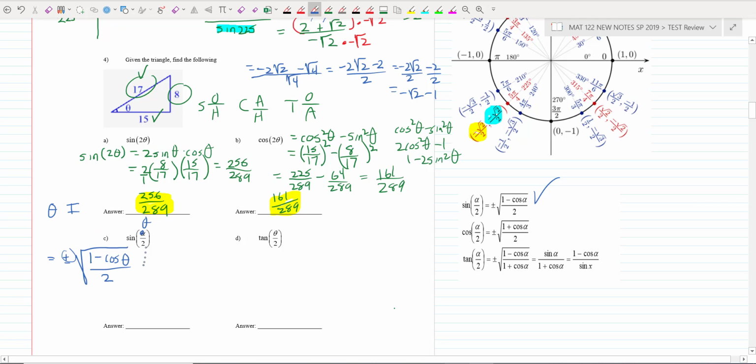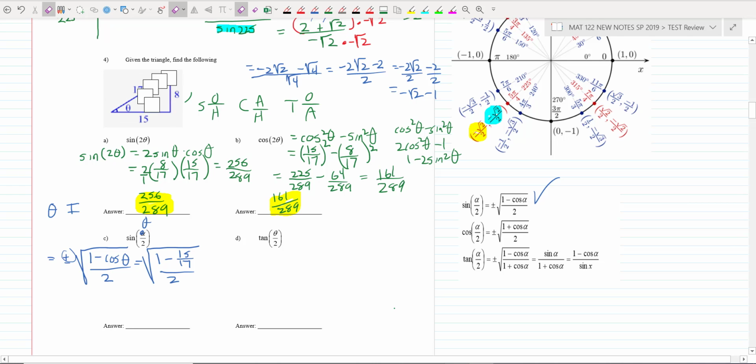So what we do is we just do square root 1 minus cosine theta. Cosine again is adjacent 15 over hypotenuse 17. So we need to work this out and simplify that algebraically to get the answer.